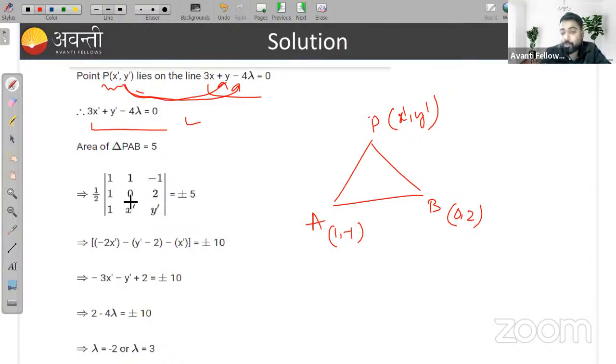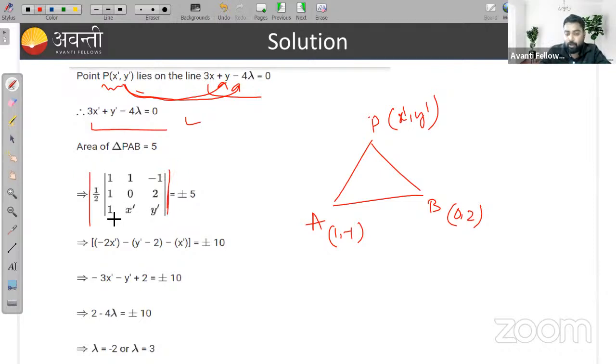Half into the determinant of 1 1 1 as the first column.